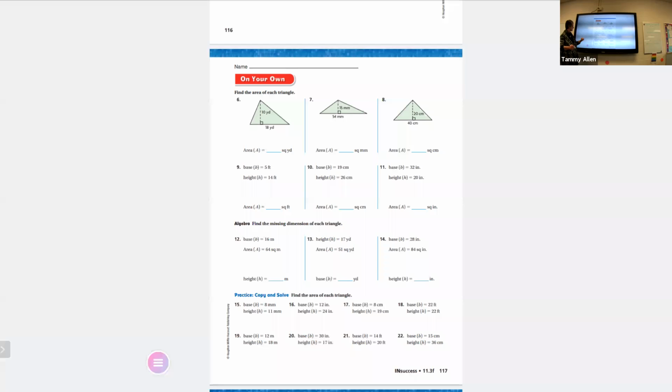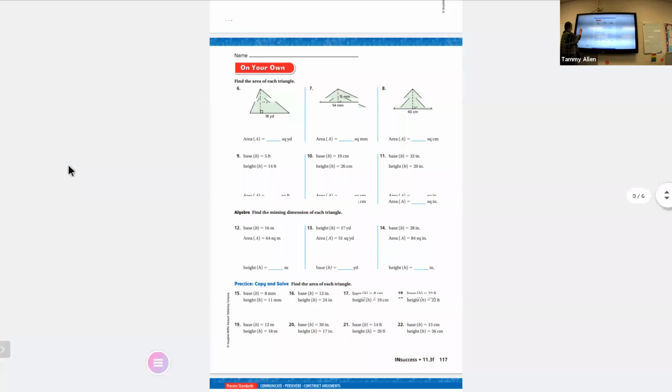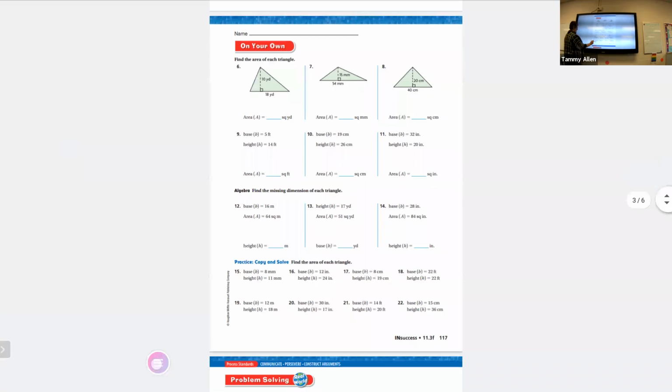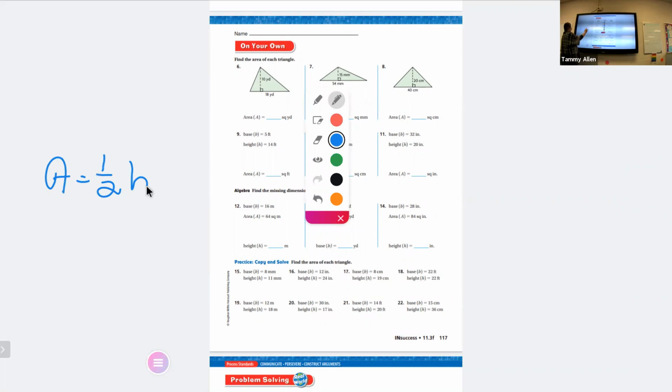So in number 12, we start out with area equals 1/2 base times height. We know the area is 64. We know the base is 16. We don't know the height. What's half of 16? 8.